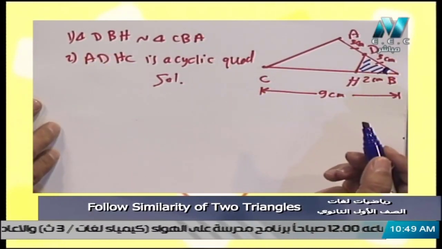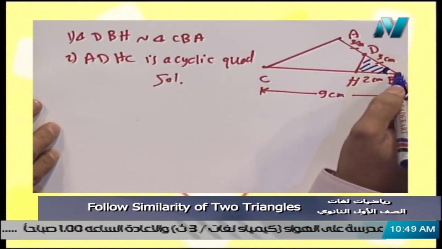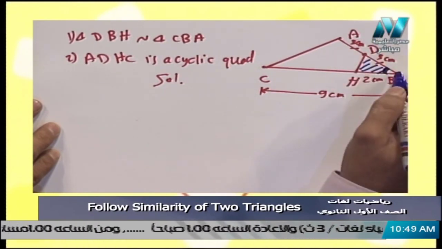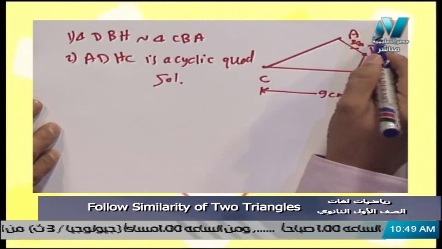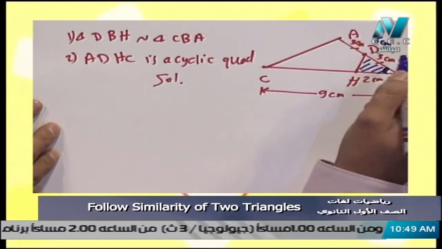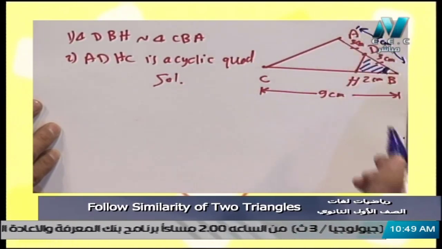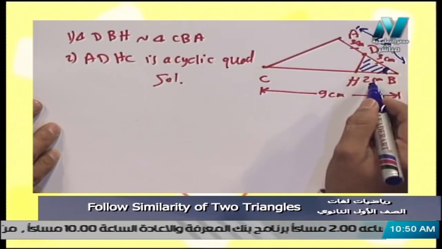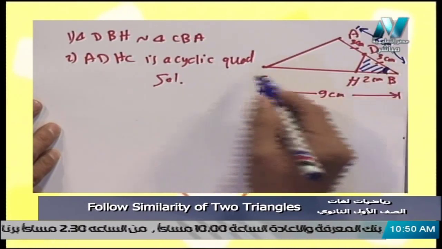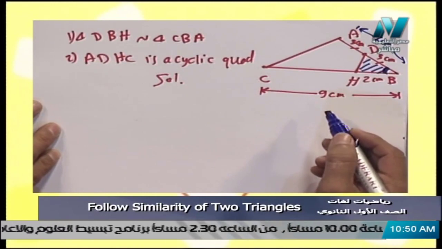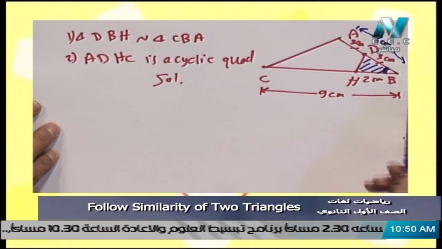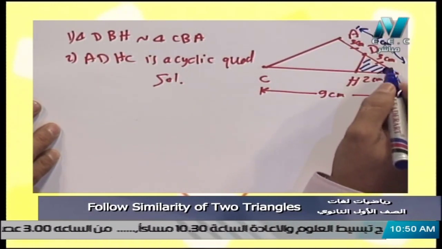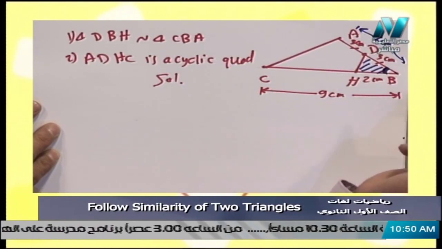And look carefully at BD and BA. BA here equals 6 centimeters, the whole side, and BH is equal to 2 centimeters, and the whole side BC equals 9 centimeters. Someone says, what about this? Is it the included angle? Yes, of course.